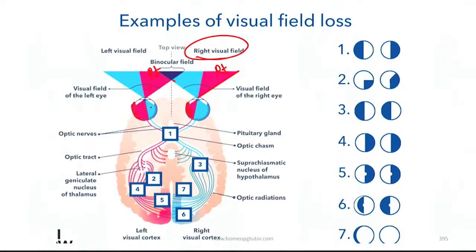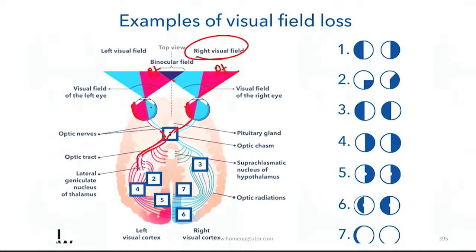Okay, see, the temporal fibers do not cross, right? The temporal fibers would not cross and go in the lateral portion of the optic chiasma to the same side. But the right eye will have a crossing. The medial fibers cross, right? It will cross from the right side to the left side, right?